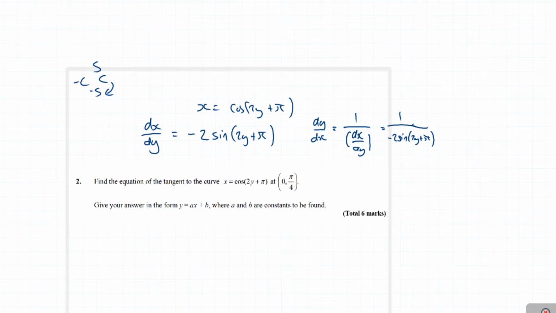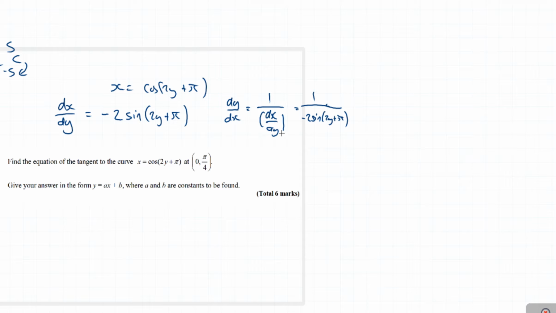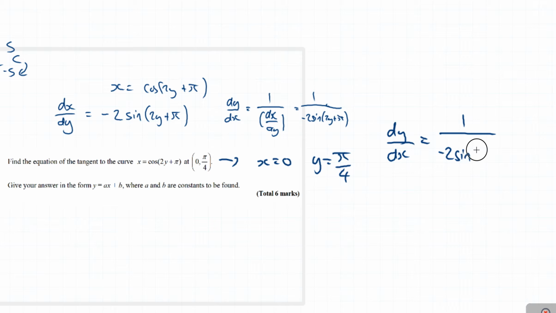To find the gradient from here, we've got dy/dx equals 1 over dx/dy. So we can just substitute in the values. In here we've got x equals 0 and y equals pi over 4. So dy/dx is equal to 1 over minus 2 sine (2 times pi over 4 plus pi).